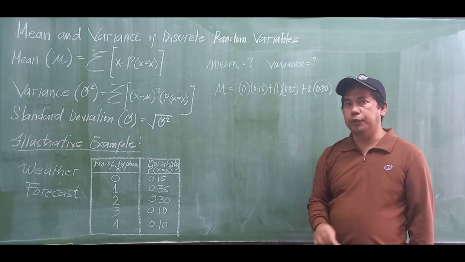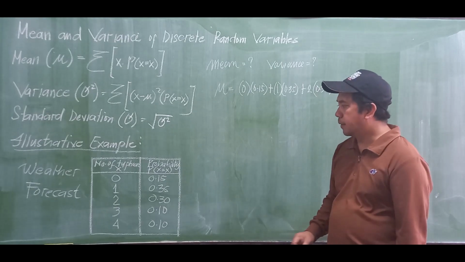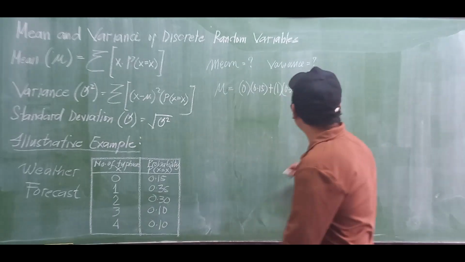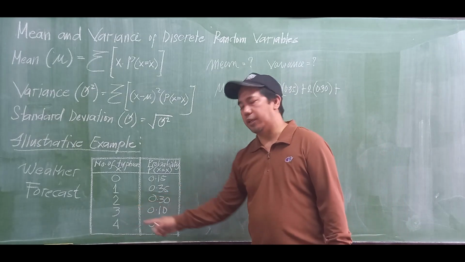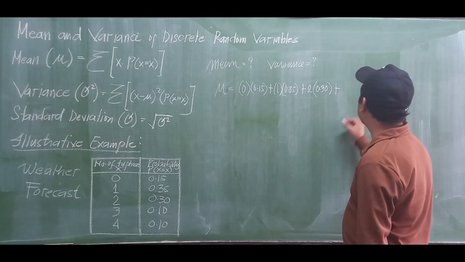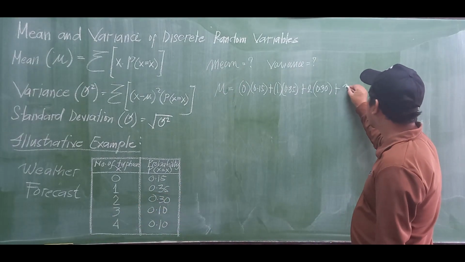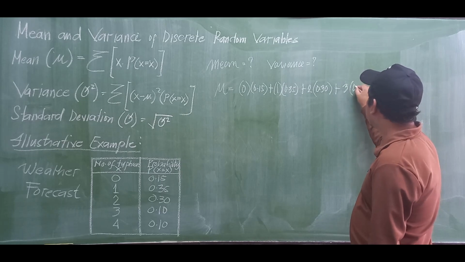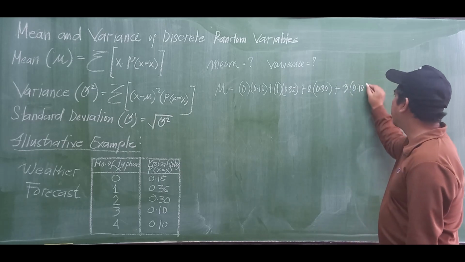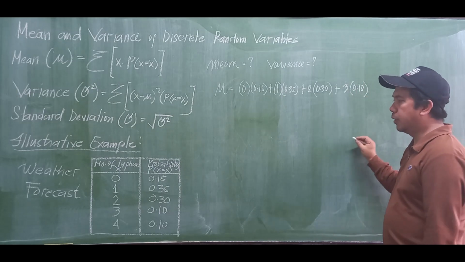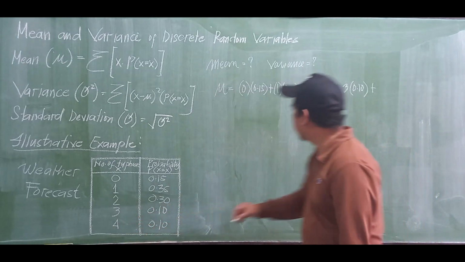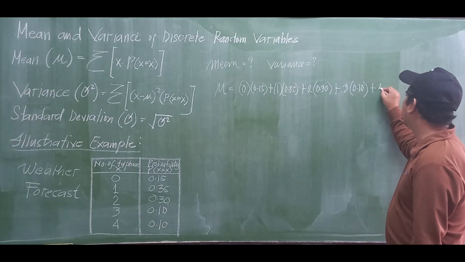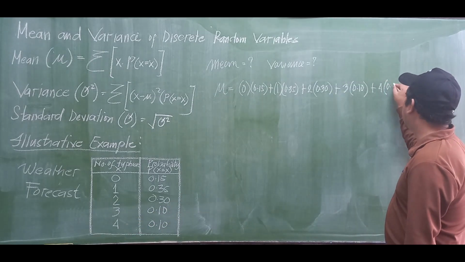Okay, 0.30. So again, what is the next? That is plus 3 multiplied by its corresponding probability, 0.10. Okay, and of course, the last one, 4 multiplied by its corresponding probability, 0.10.